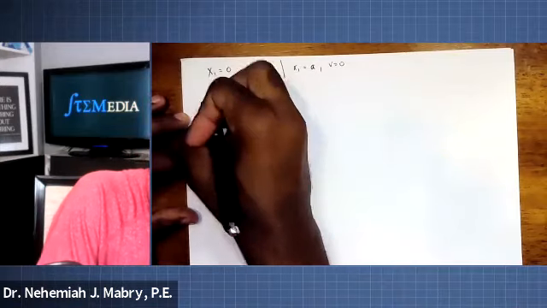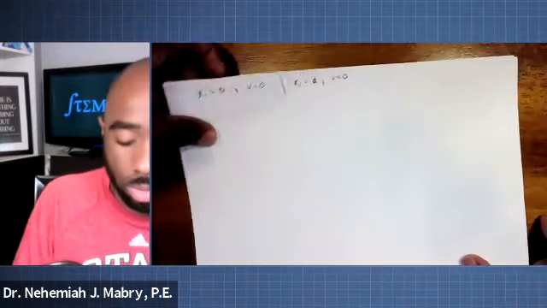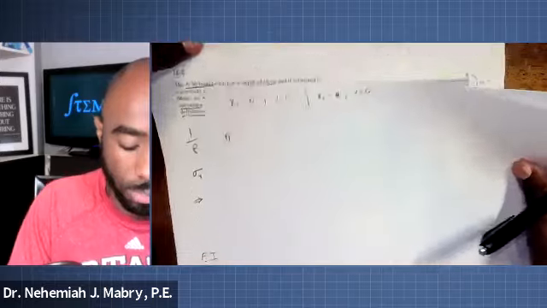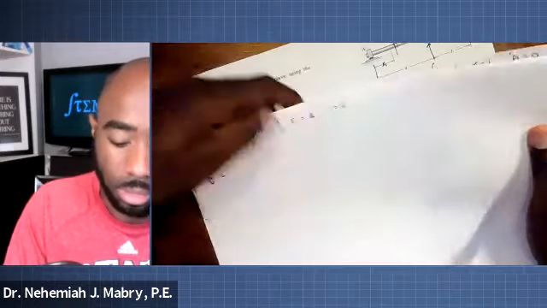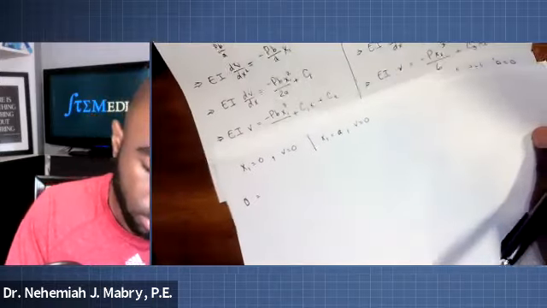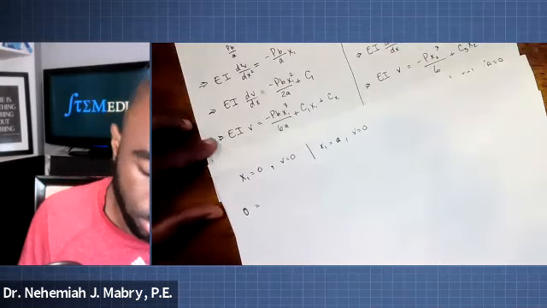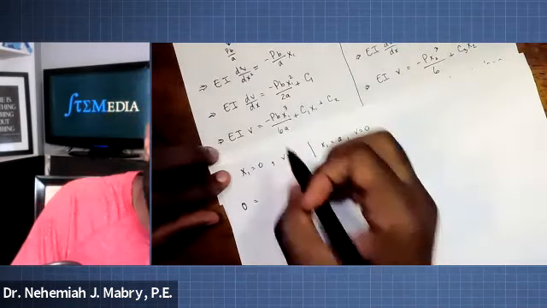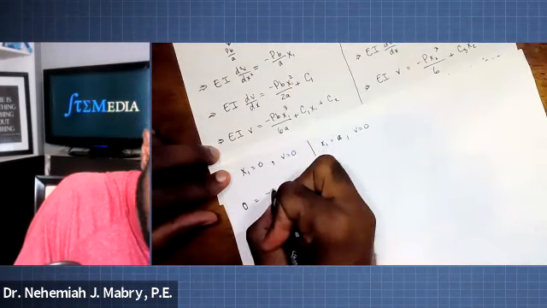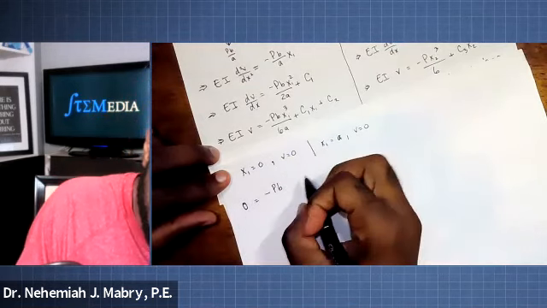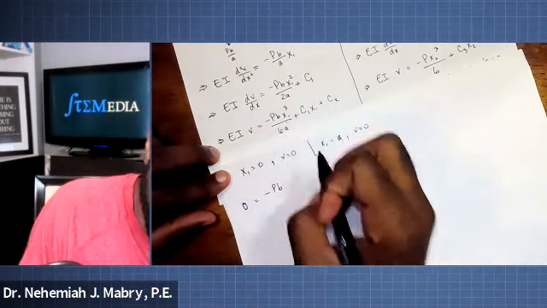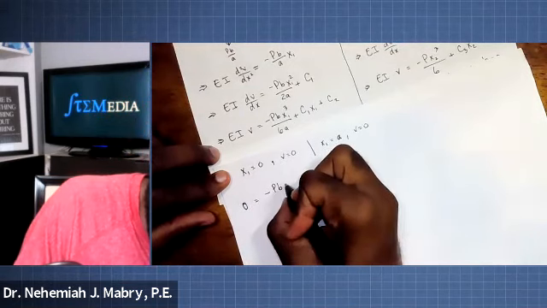All right. So 0 is equal to, what was that first displacement equation? There it is right there. So 0 is equal to negative PB. x1 is going to be 0 because we're setting it equal to 0.